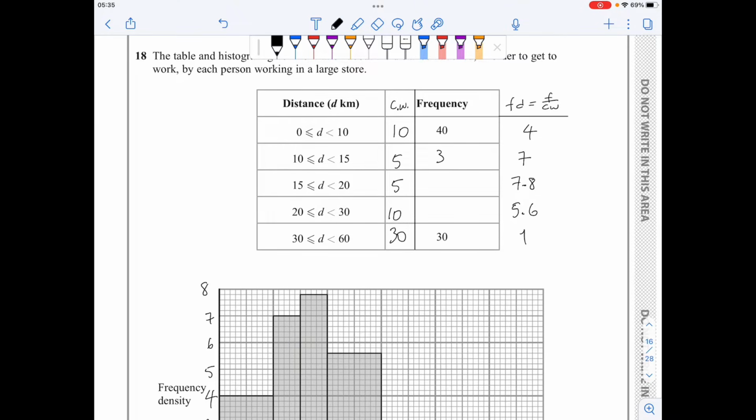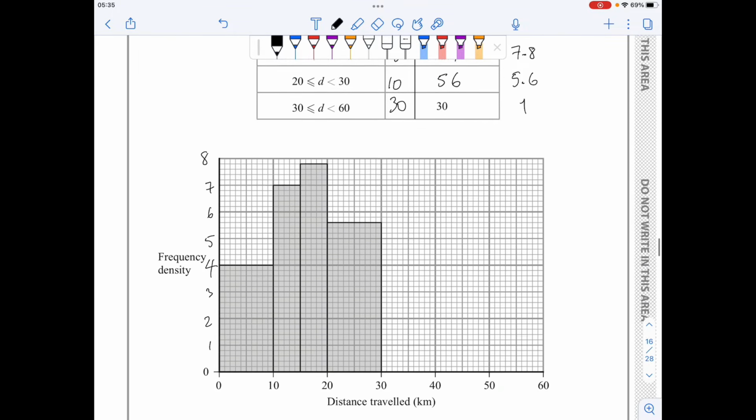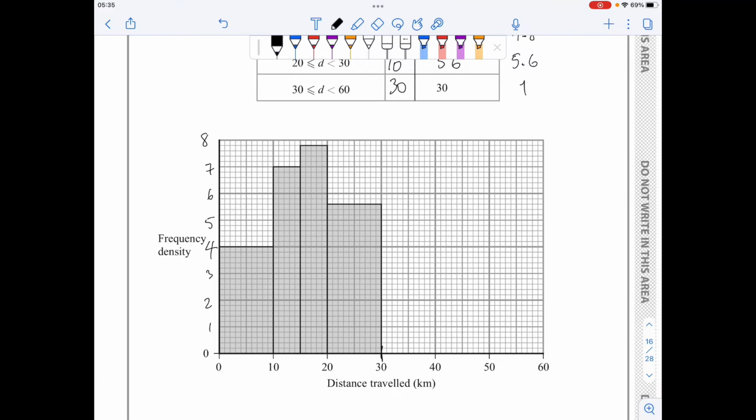So the second one has a frequency of 35, next one 39, and the next one 56. In part B, we need to complete the histogram. What's missing from the histogram is the last bar. The last bar goes from 30 to 60 and has a height of 1. So let's draw this bar.